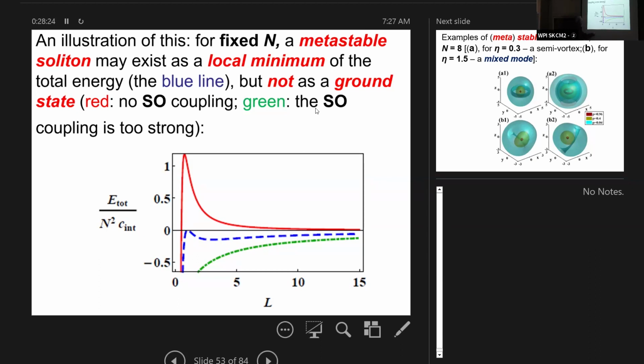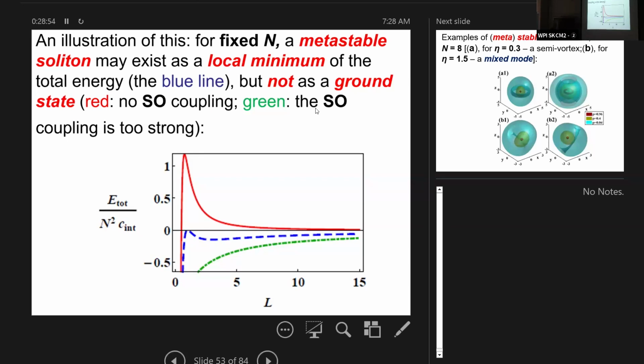If the spin-orbit coupling is too strong, this green line, then it has no extremum at all. But in the appropriate interval of values, when the spin-orbit coupling is moderately strong, we can predict a shallow minimum of the energy, and it implies that we still cannot prevent the collapse. Collapse means that this blue line will eventually fall towards minus infinity. However, around this minimum, we can have at least a soliton, which may be stable against small perturbations.